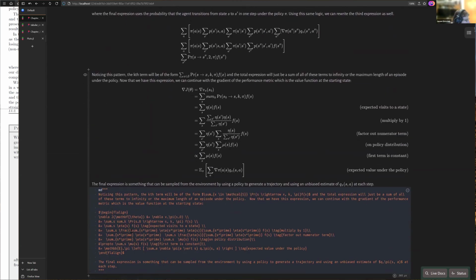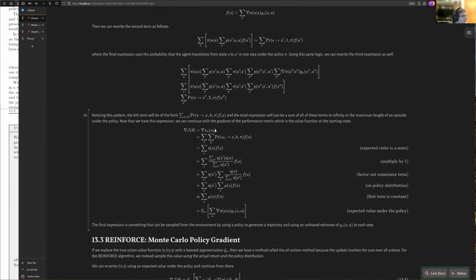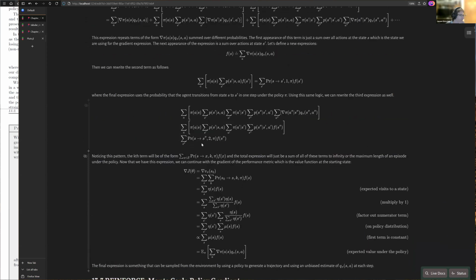I see here one of these things should be fixed. But here now I'm replacing S with S naught, because that's the starting state that we actually care about. And now this is showing the sum of all the terms, where now I'm including all of the K's, because this is for a K of 2.